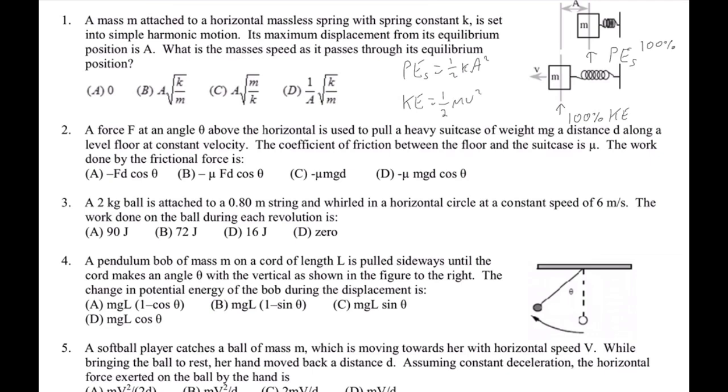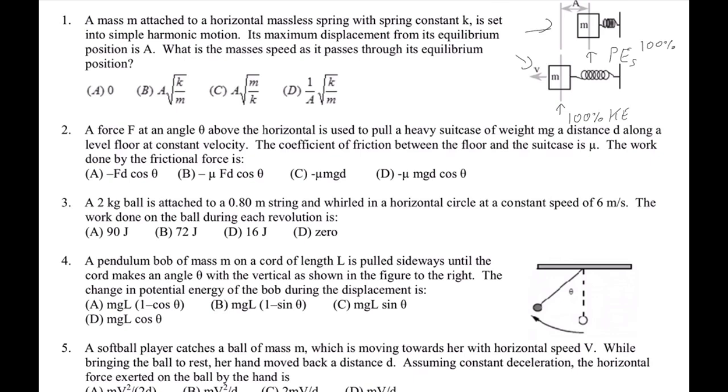And since total energy is conserved as it goes from the amplitude through its equilibrium, we know that all the potential energy is going to be converted to kinetic energy.